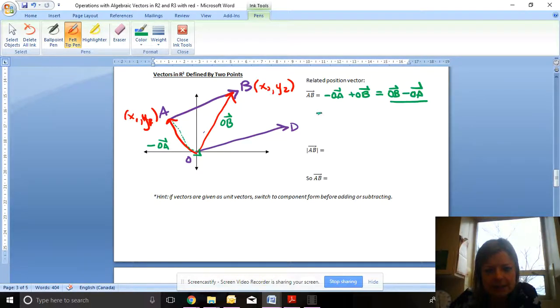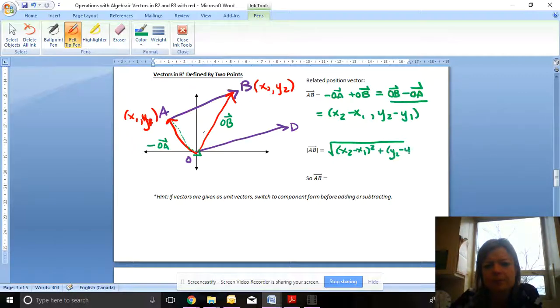So this is x2 minus x1 and y2 minus y1, because you're taking B and subtracting A. The magnitude of AB is the square root of x2 minus x1 all squared plus y2 minus y1 all squared. You might remember this from grade 10, this being the distance formula.